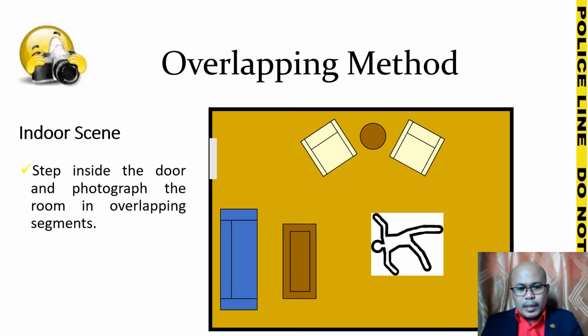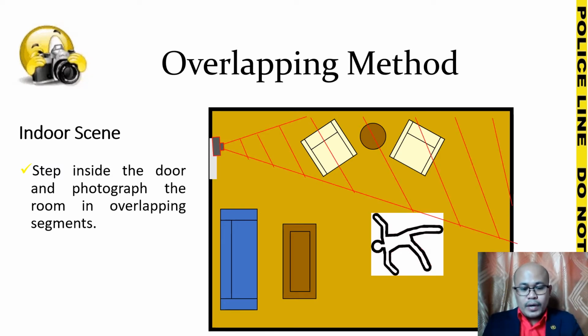First, in the overlapping method, as we said earlier, we take a series of shots to cover the entire crime scene. And every shot, to the next, and to the next, there is always an overlap to showcase what is within the entire crime scene. And this is how to do it. In an indoor crime scene, the first shot will be taken while you are standing right in the middle of the doorway.